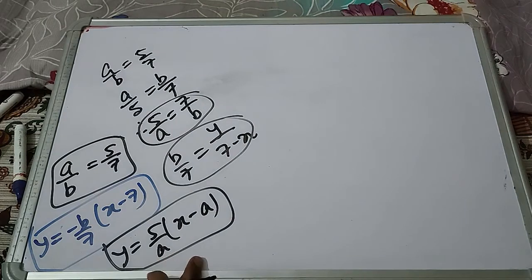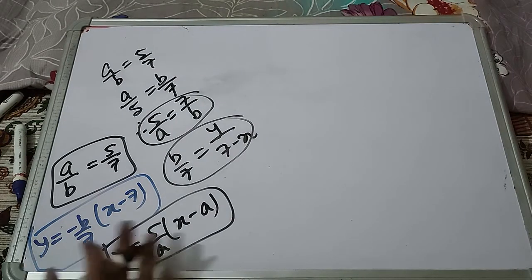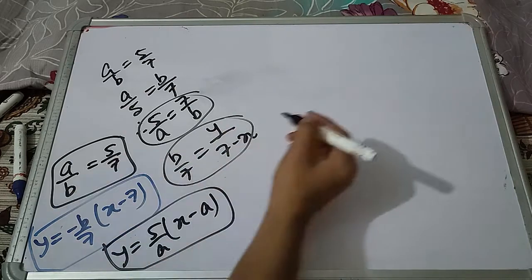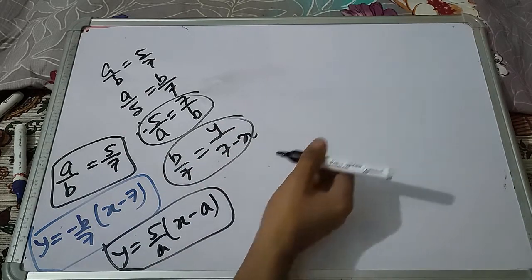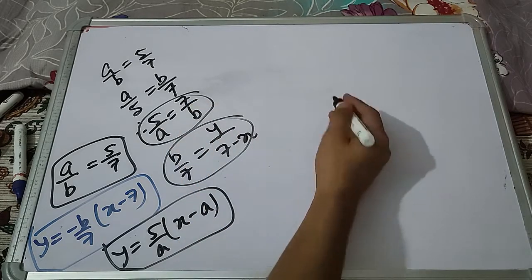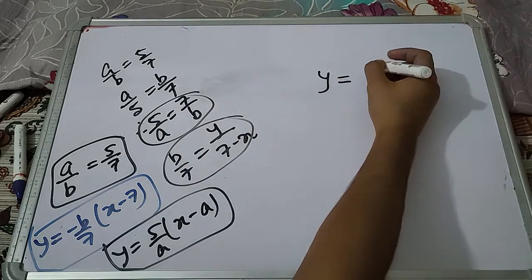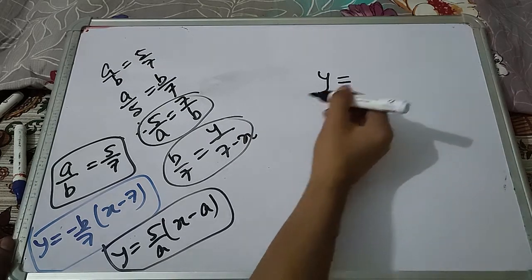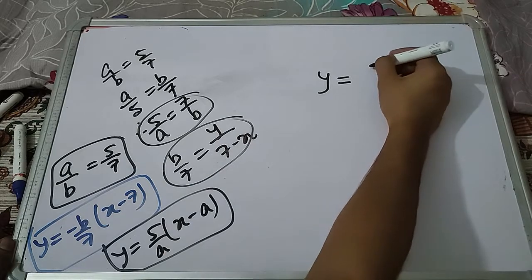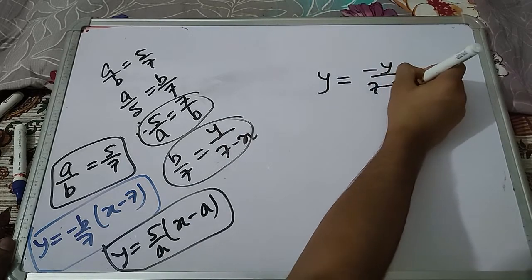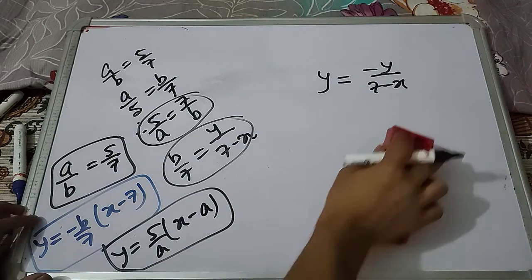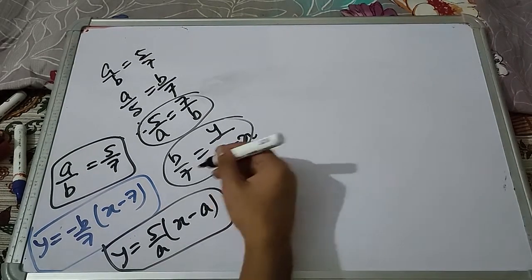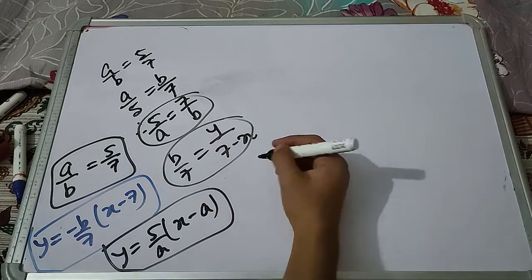Now what we need to do is use the given relations to find the final answer. How will we do that? We can use this point that b by 7 equals y by 7 minus x.